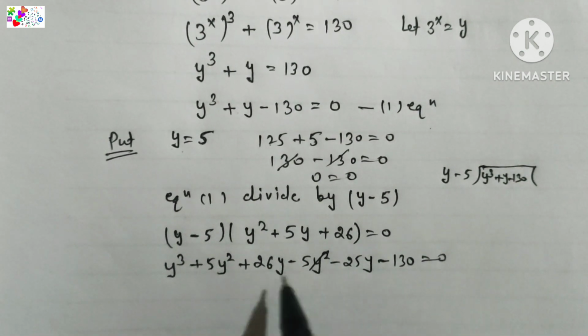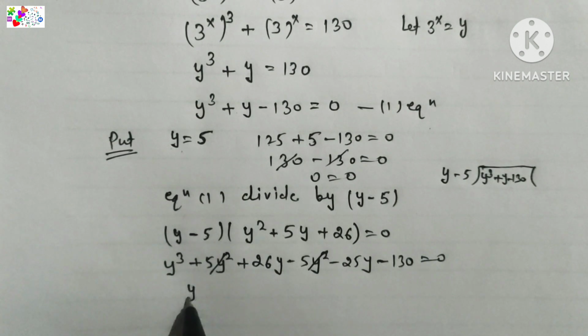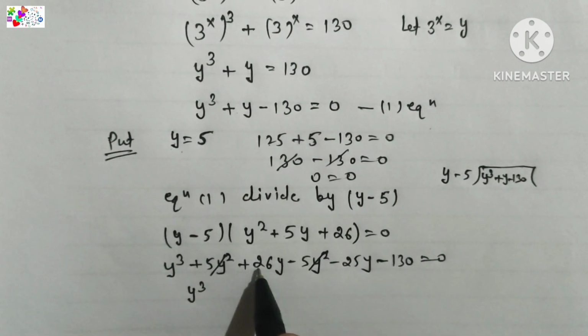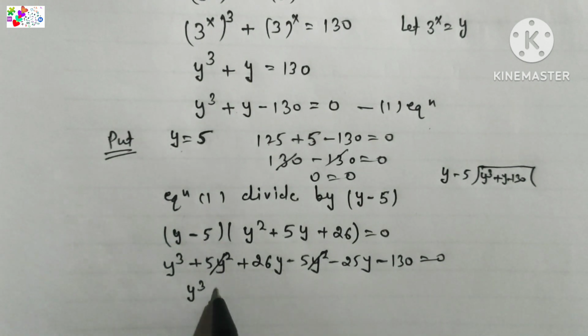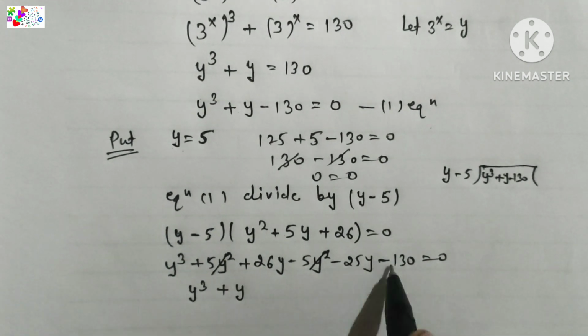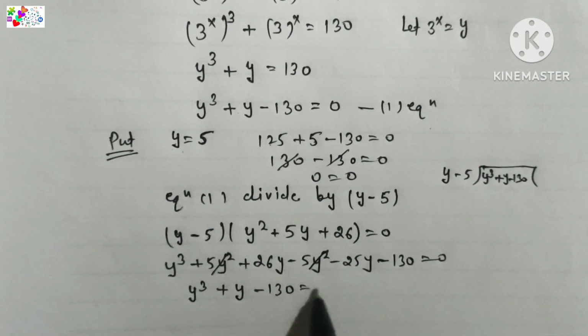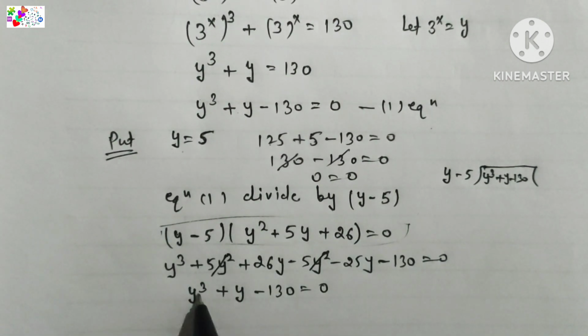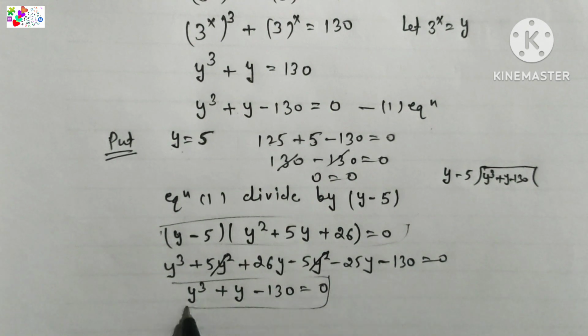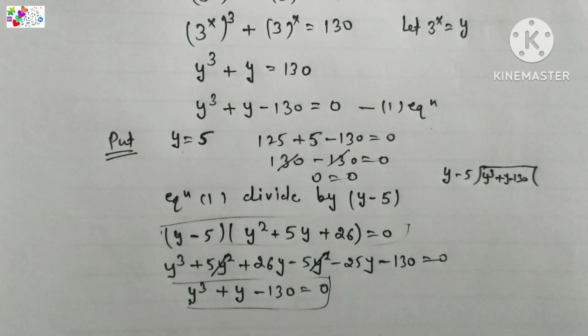So there this cancels. What we get is plus 26y minus 25y, so plus y, and minus 130 is equal to 0. So this satisfies our equation, because we get this type of equation. This is our first equation.